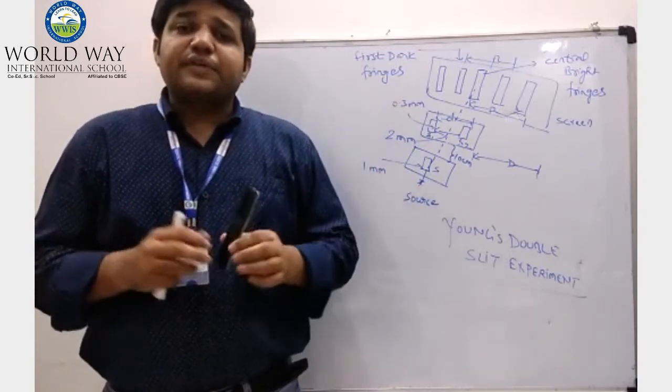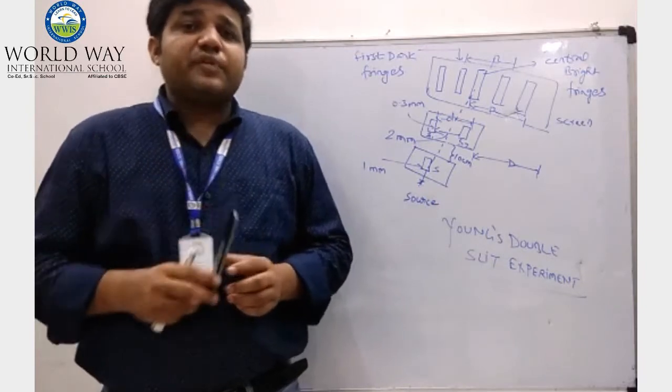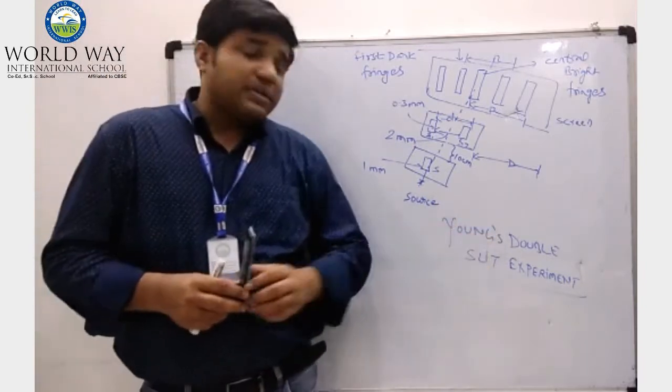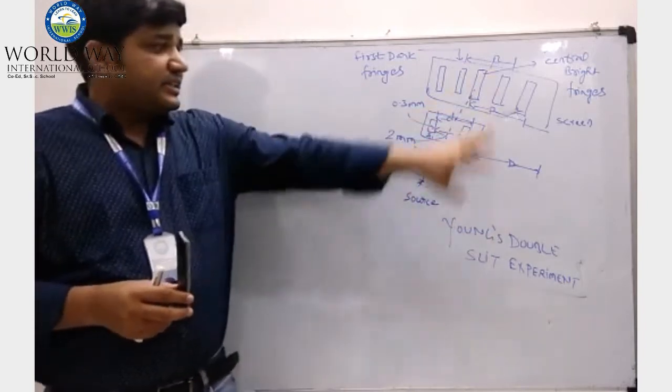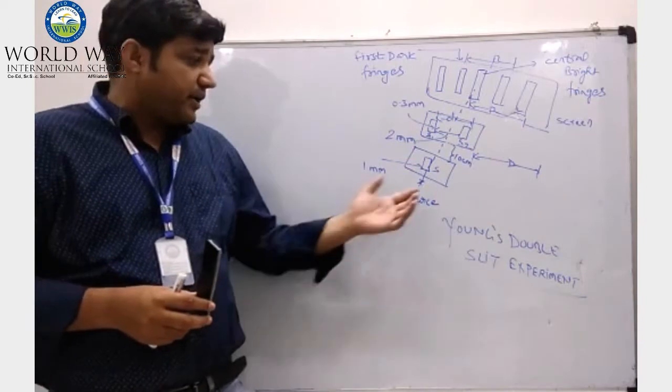This phenomenon is known as interference of light, and on the basis of interference of light, Young's double slit experiments are there.